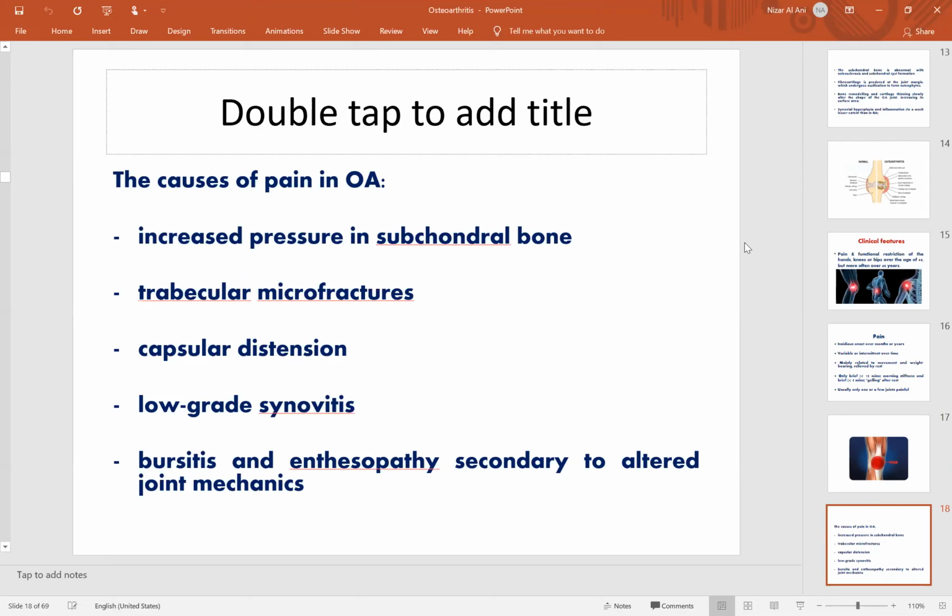You can feel it on examination of the joint when we move the joint. There is also bone swelling, palpable around joint margins. At the advanced stage of the disease, there will be a deformity, joint line or periarticular tenderness, also muscle weakness and wasting, and some degree of inflammation.